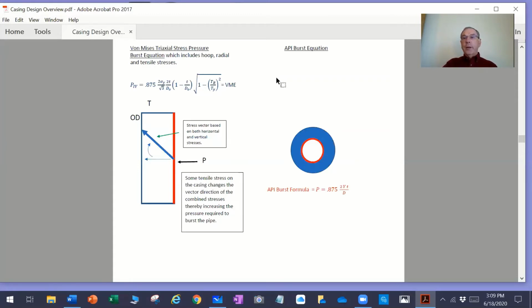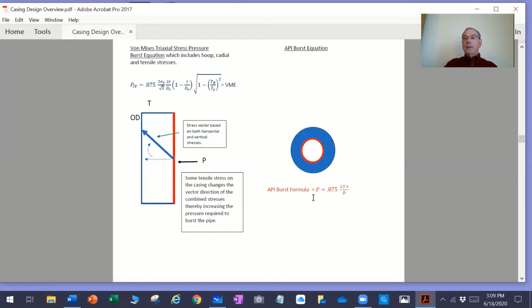Now, all three stresses added together, you actually end up with a higher rating than using the API equation. So just to give you a little bit of a feel for this, the API equation is listed here: 0.875 times 2 times yield strength times the wall thickness divided by the diameter.